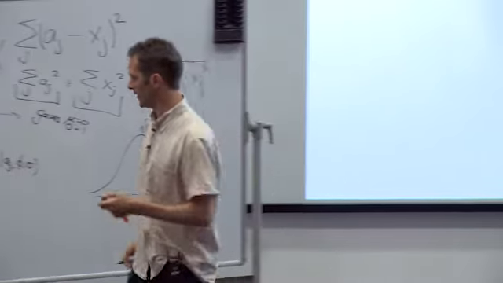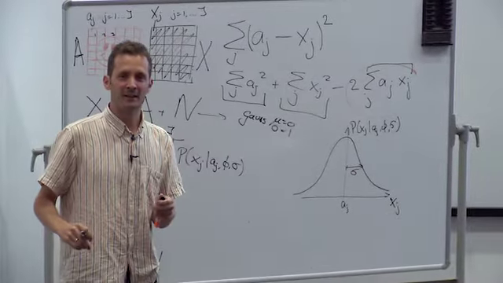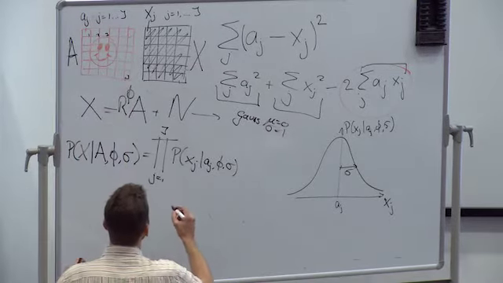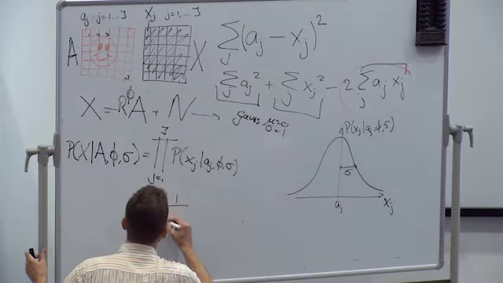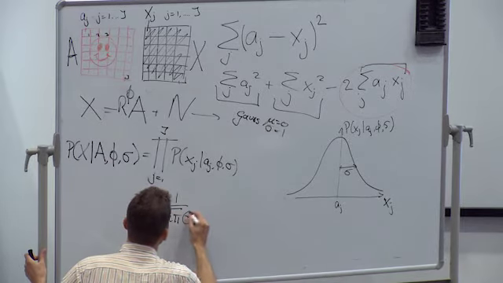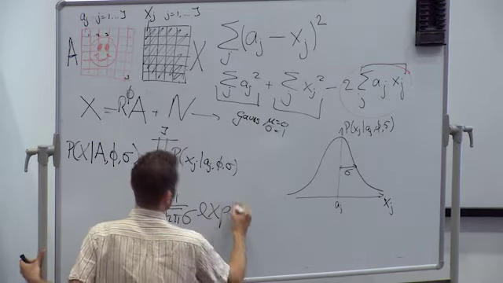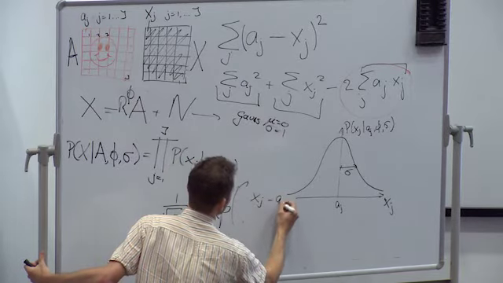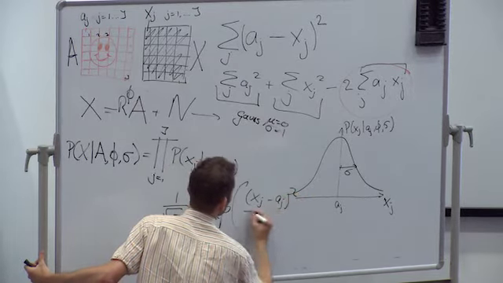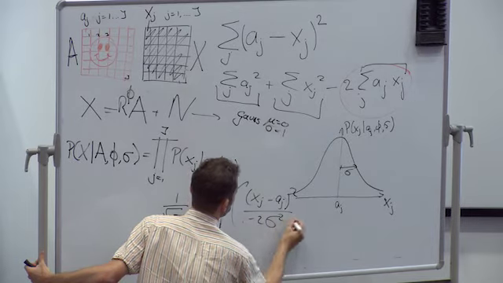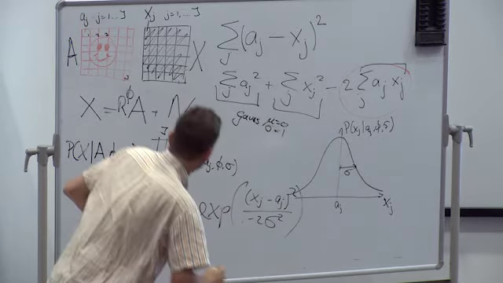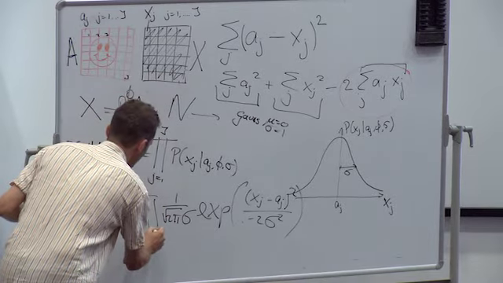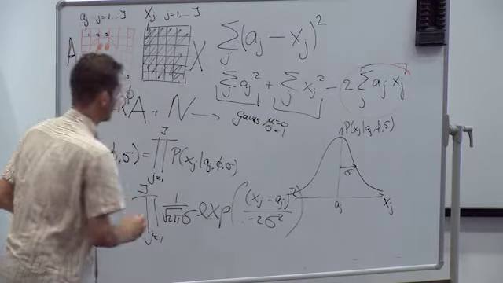I don't know about high school in England, but in the Netherlands you get to learn the formula for the Gaussian distribution. It's an exponent of minus xj minus aj squared over 2 sigma squared. So that is this term, and then we had the multiplication over all the pixels.